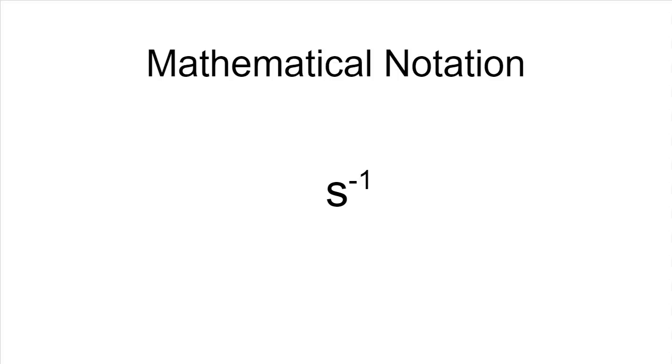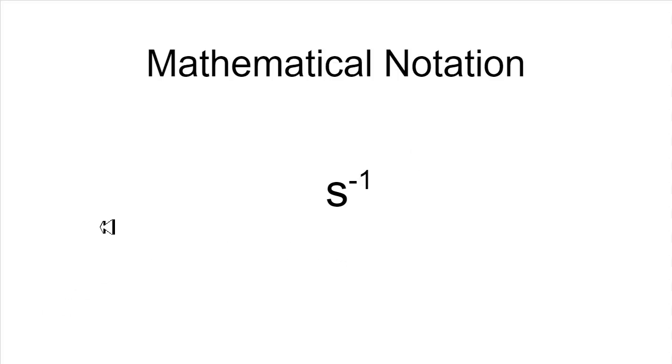So today I want to take a few steps back and talk a little bit about mathematical notation. In particular, I want to talk about the difference between mathematical notation and physical quantities that you find in a physics equation.